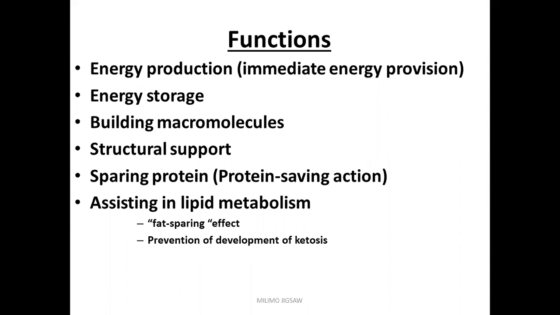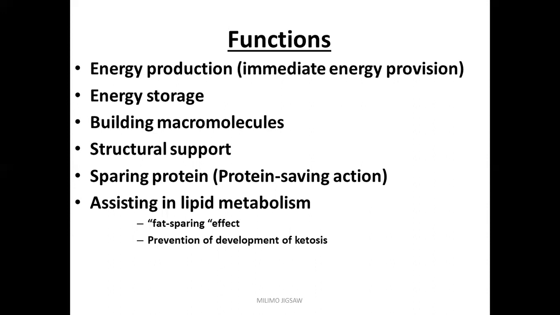So we find that ketone bodies really become an alternative source of energy when glucose supply is insufficient, for example, if someone is fasting. When you look at the ketone bodies, they are acidic in nature. So if there are high levels in the blood, they're going to cause the blood to become too acidic.